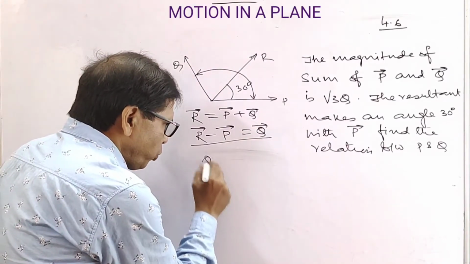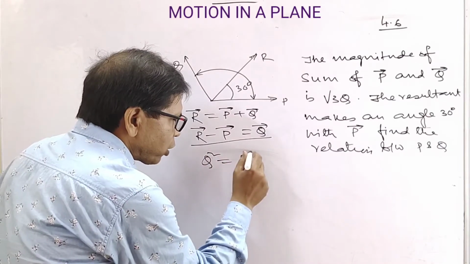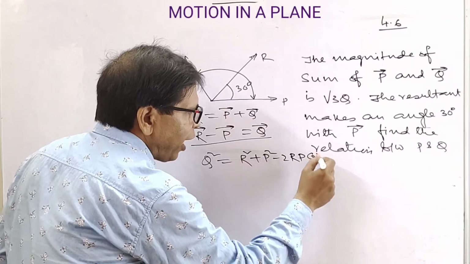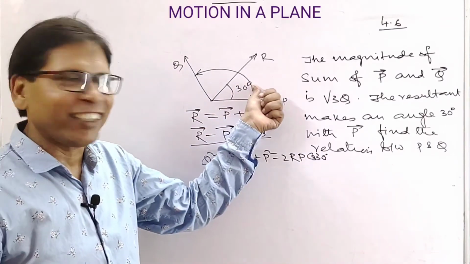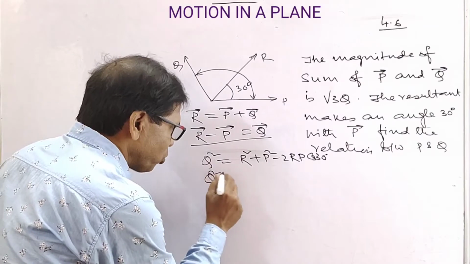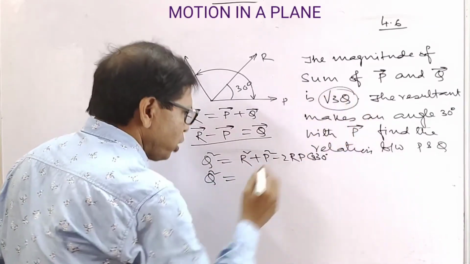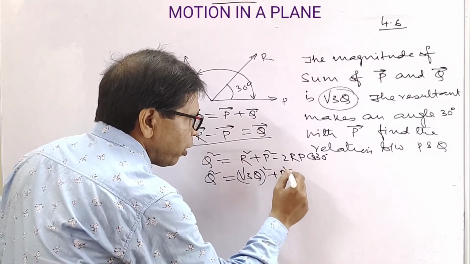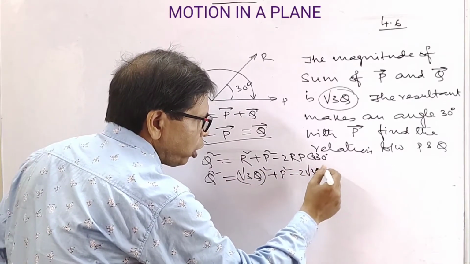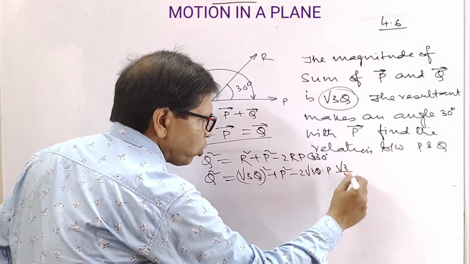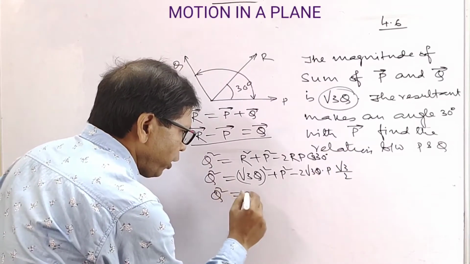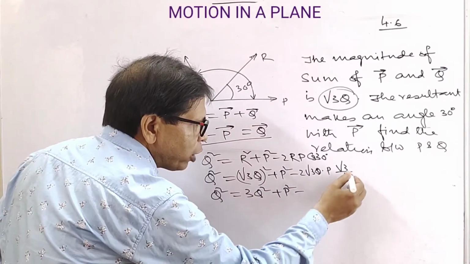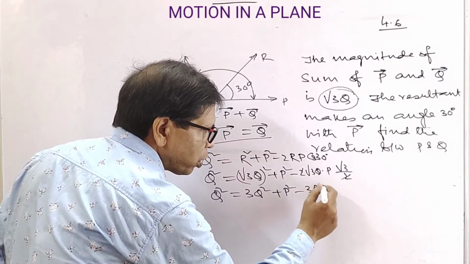So from this relation we can write Q square equals R square plus P square minus 2RP cos 30 degree. Look at this, this is the cos 30 degree. Here this is the Q square, and R equals √3 Q. So this is (√3 Q) whole square plus P square minus 2 into √3 Q into P into √3/2. So Q square equals 3Q square plus P square minus, the 2 cancels out, this is 3PQ.